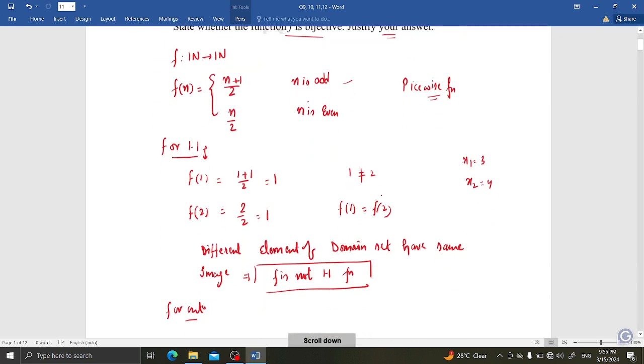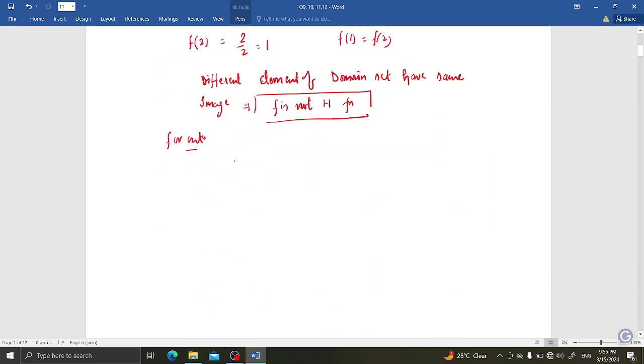Now the function is defined from where to where? The function is defined from N to N. So let y belong to the natural numbers, that is the codomain, according to the definition. Now I will assume f of n equals y, and I will try to find the form of n.